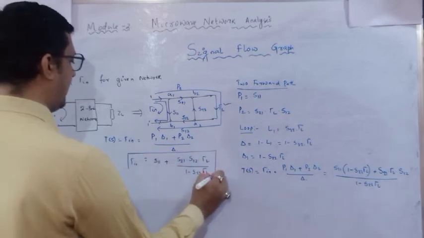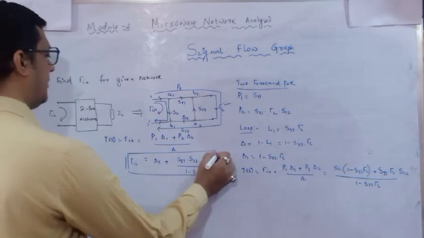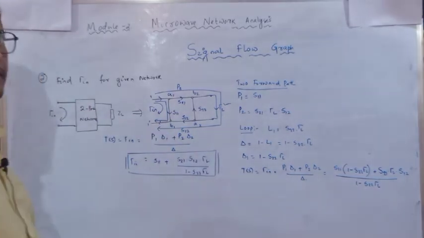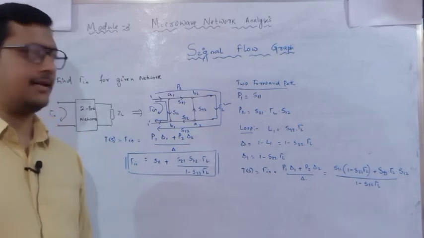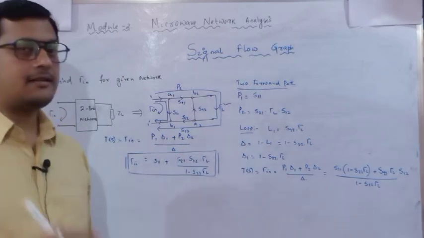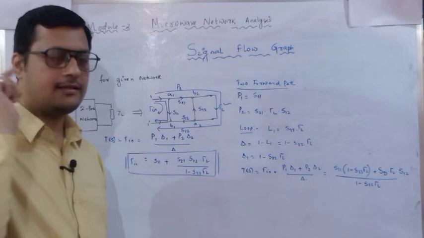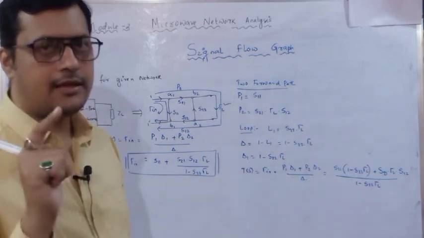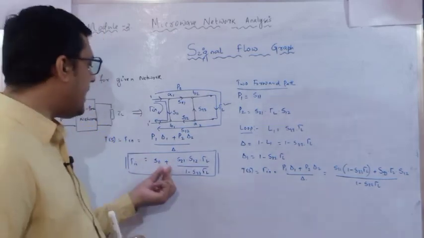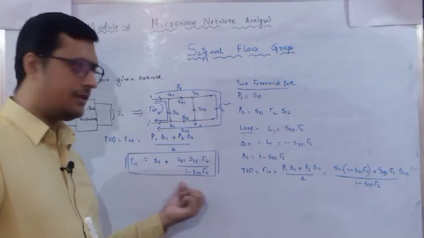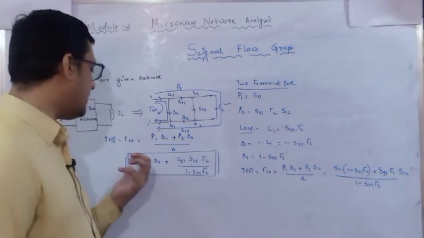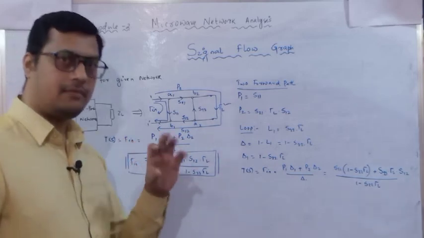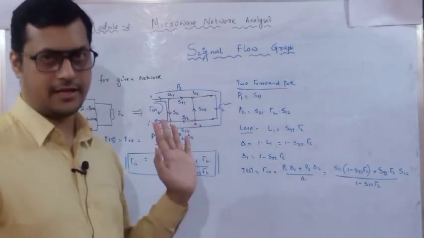So this is my reflection coefficient at the input of a two-port network terminated with a load impedance ZL. This is the mismatch case that we discussed in the previous class. If the network is mismatched, we will have an additional factor along with S11. If it is perfectly matched, then the reflection coefficient at the input side becomes S11.